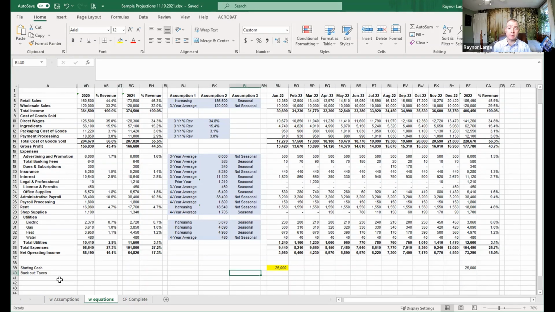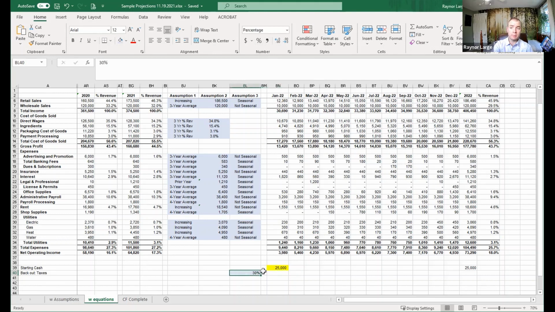I file taxes using a Schedule C, and it's about 15.3% self-employment tax and then 10 to 15% state and federal tax. So for me, I'm going to use a 30% tax margin assumption. And like I said, your accountant should be able to tell you pretty easily what your tax margin is on income taxes for your Schedule C or for your business.